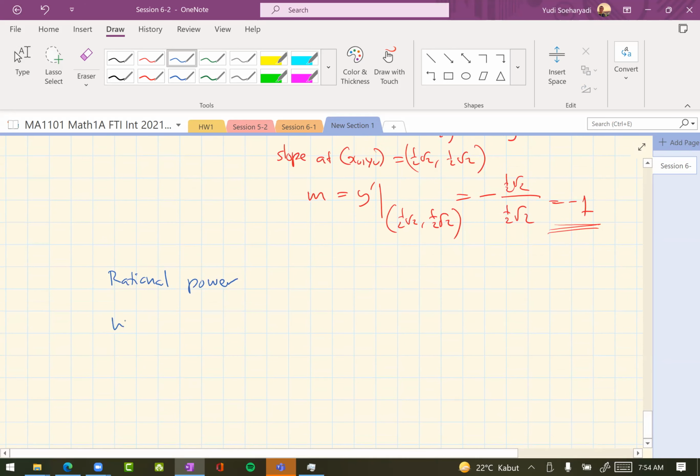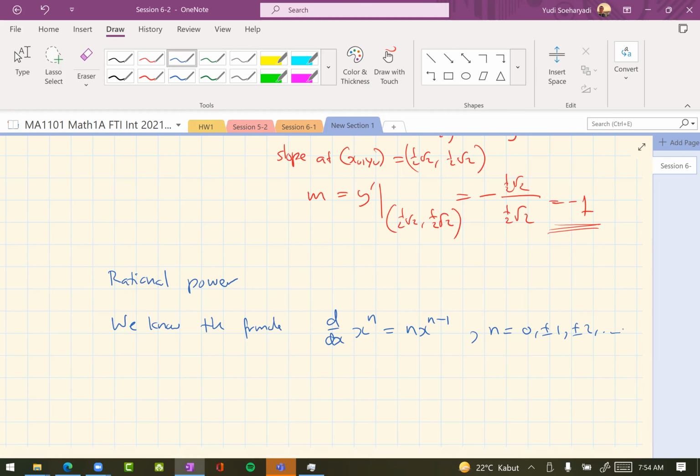We know the formula: if you take the derivative of x to the n, this is n x to the n minus 1. That holds for n just integers.